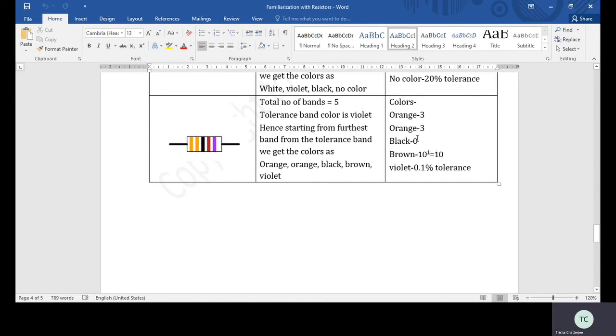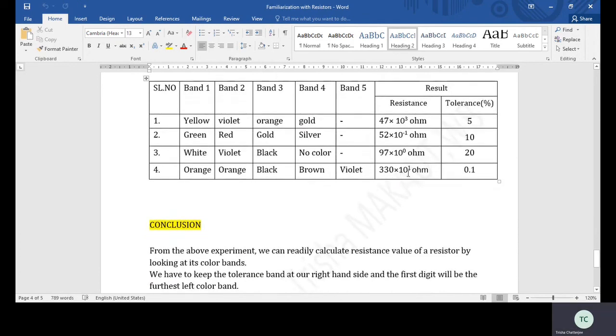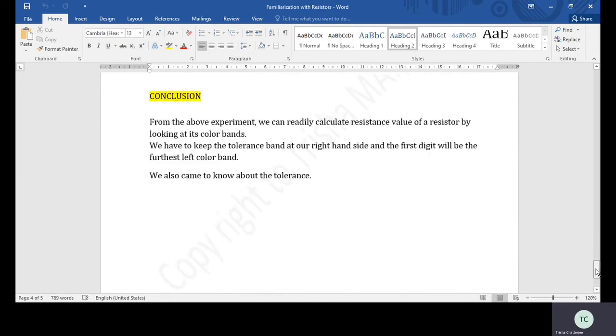That means 3300 is our value, with a tolerance value of 0.1%. The violet color has a tolerance value of 0.1%. So 330 × 10^1 ohm with 0.1% tolerance.